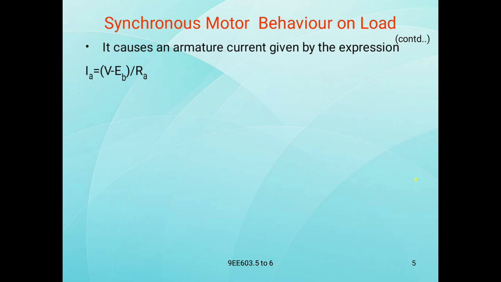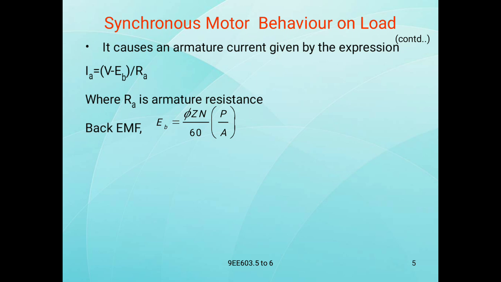This back EMF causes an armature current given by the expression Ia is equal to (V minus Eb) by Ra, where Ra is the armature resistance and Eb is the back EMF, which is nothing but pi Z N by 60 into P by A.